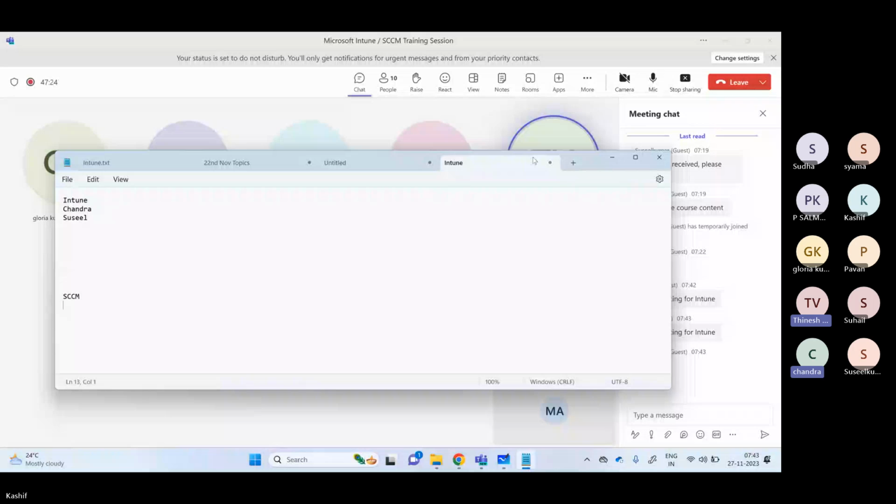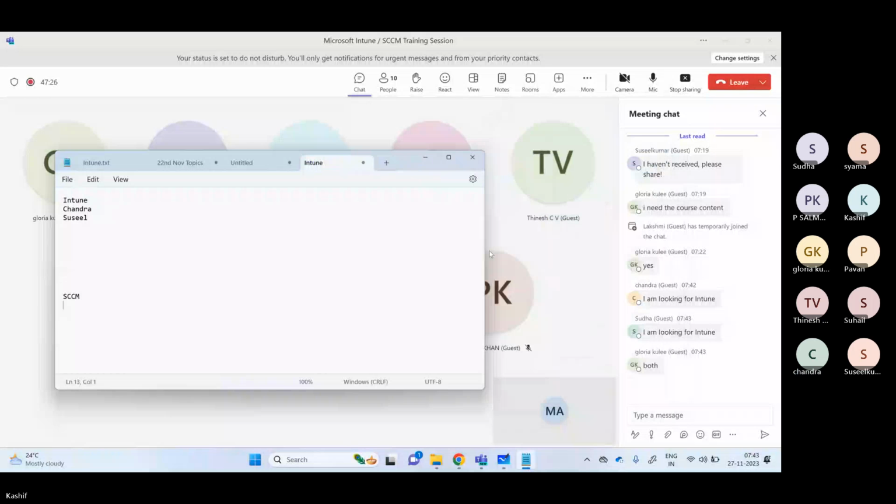I'm looking for Intune, Kashif. You also need to say your name, guys. I'm not saying who is speaking. Yeah, Salman, Kashif. I am also looking for Intune only.